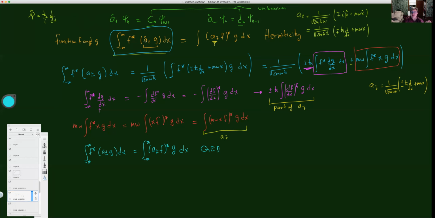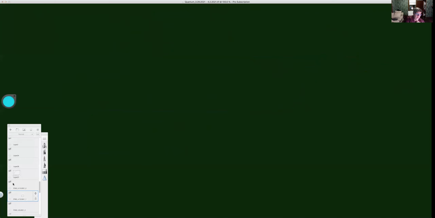So if I had an A plus acting on g, I can bring it over to this side and change it to an A minus acting on f, and then star on everything. Or if I had an A minus acting on g, I could bring it over to this side and just change it to an A plus acting on f, all star. This is going to help us. So that's what we're going to use. We can move these things around as long as we're changing the minus to a plus on the A plus minus. Okay, so let's go back to here.